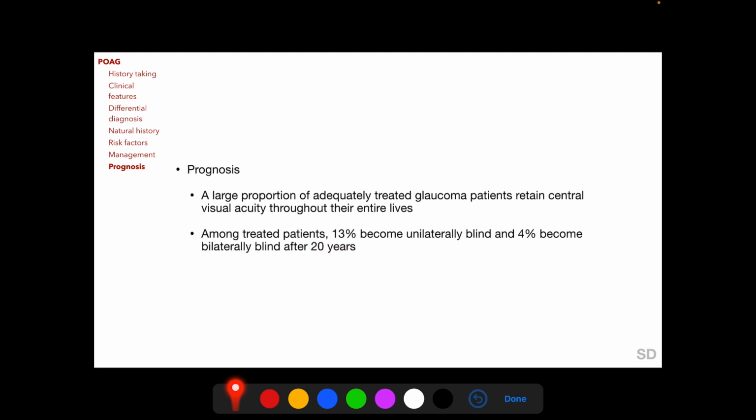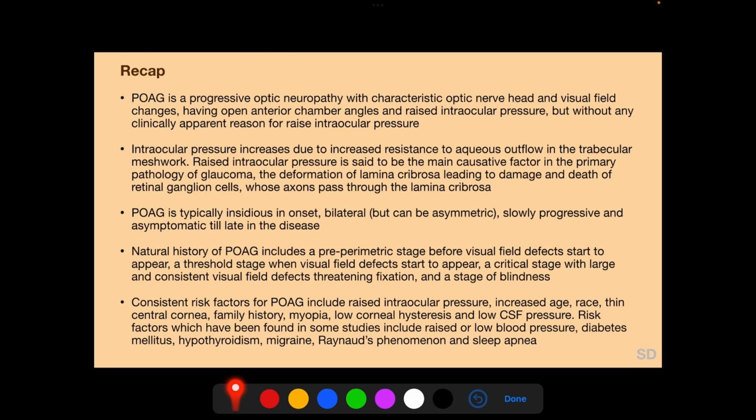To recap the salient points, primary open-angle glaucoma is a progressive optic neuropathy with characteristic optic nerve head and visual field changes, with open anterior chamber angles and raised intraocular pressure, but without any clinically apparent reason for the raised intraocular pressure.